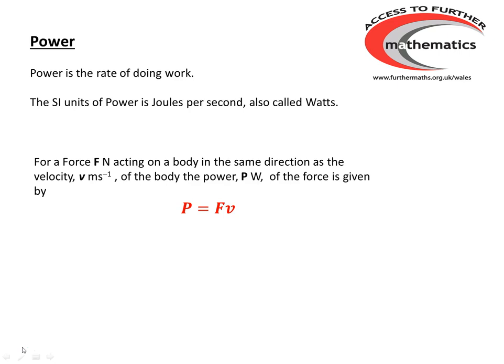And the key result is that for a force of F newtons acting on a body in the same direction as the velocity of the body, then the power is given by the product of the force and the velocity.